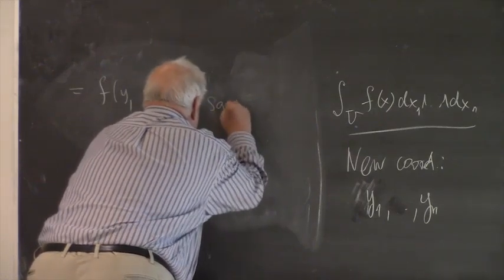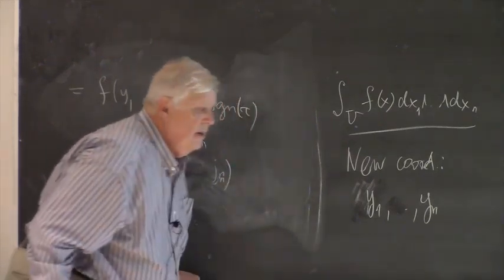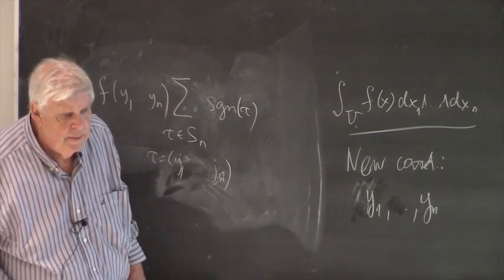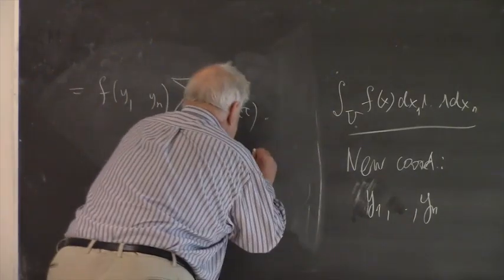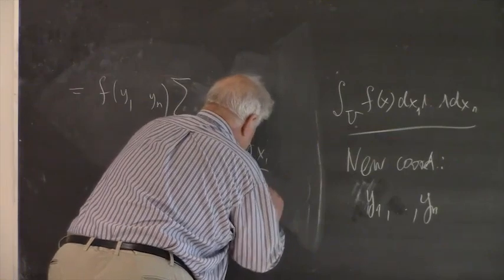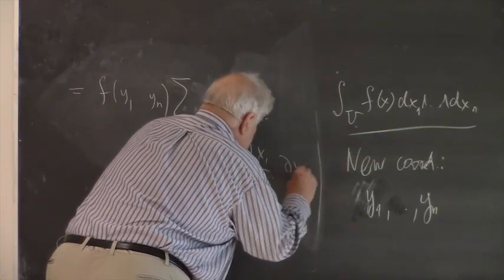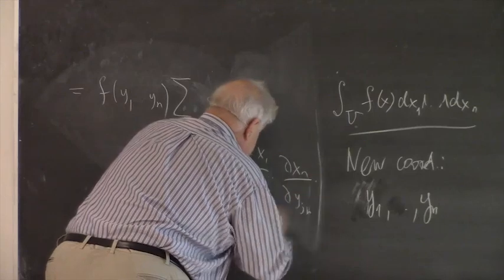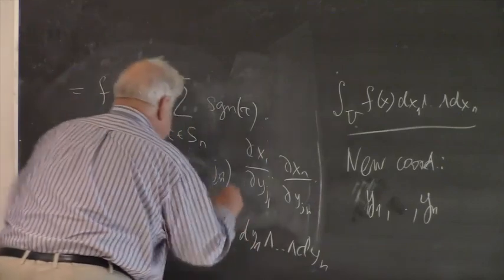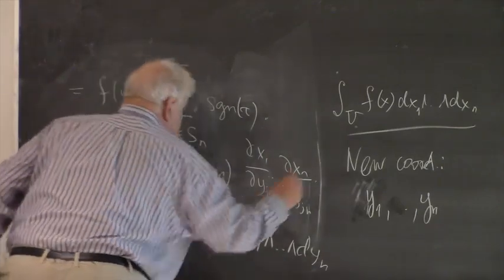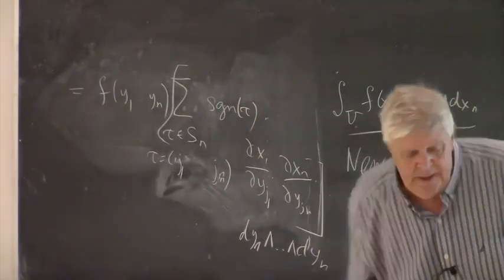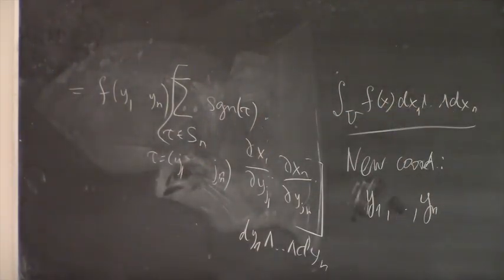Here I should write the signature of tau. It is plus 1 if the permutation is even and negative 1 otherwise. And here I write the product of derivatives, and here I write dy1 ... dyn. So this factor is the coefficient with the same expression.